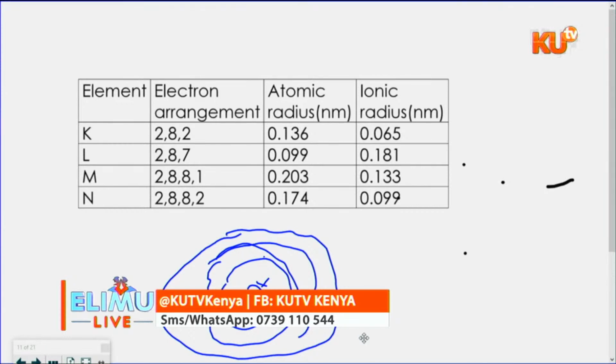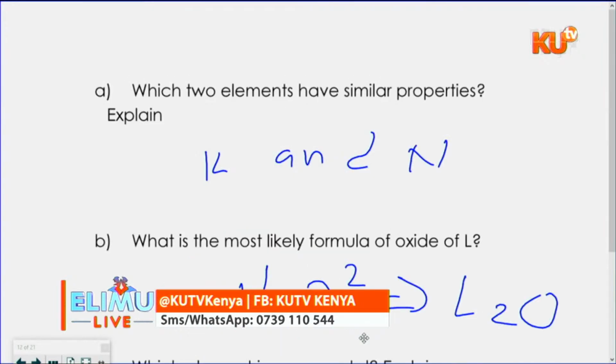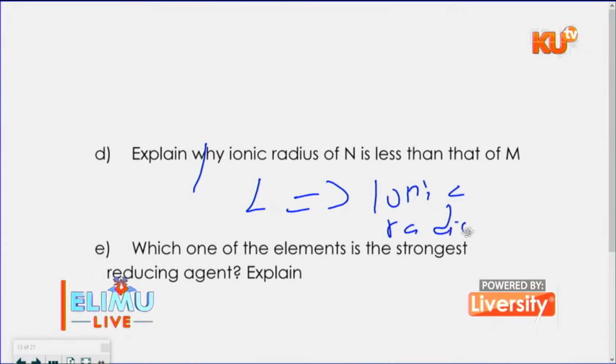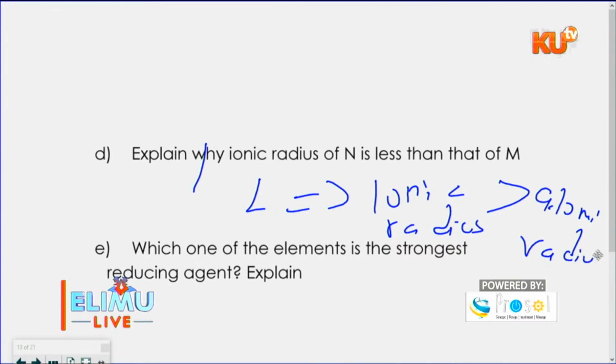So going back to your question, you say your answer, the element is element L. The element you classify it as L, and the reason, don't write it in short, ionic radius is greater than atomic radius. You can state ionic radius is greater than atomic radius. And that's the reason it's classified as a non-metal.